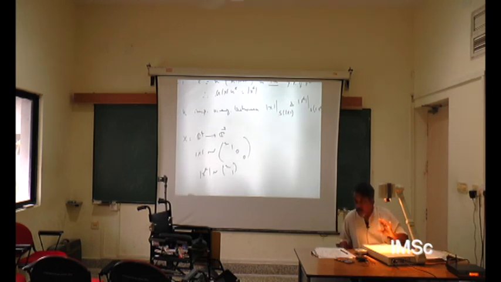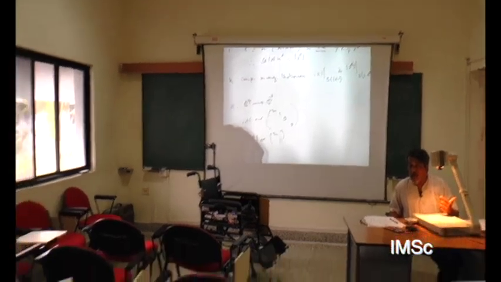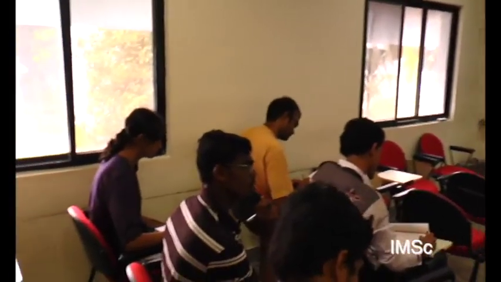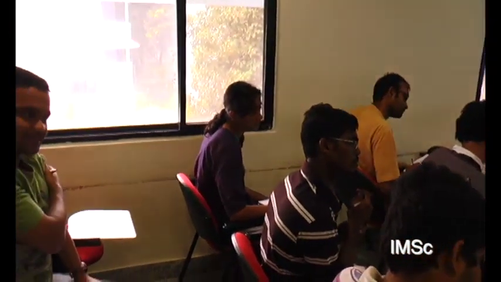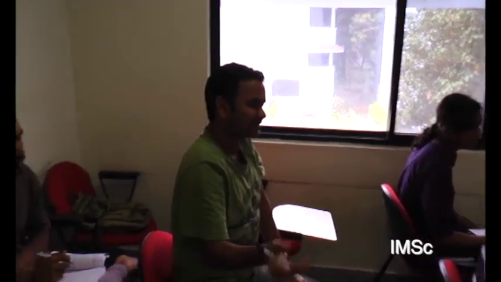Then what is mod S? Square root of S star S. What is S star S? That is the identity operator. So mod S is 1. So what is the polar decomposition? S equals S times 1. That is the polar decomposition.